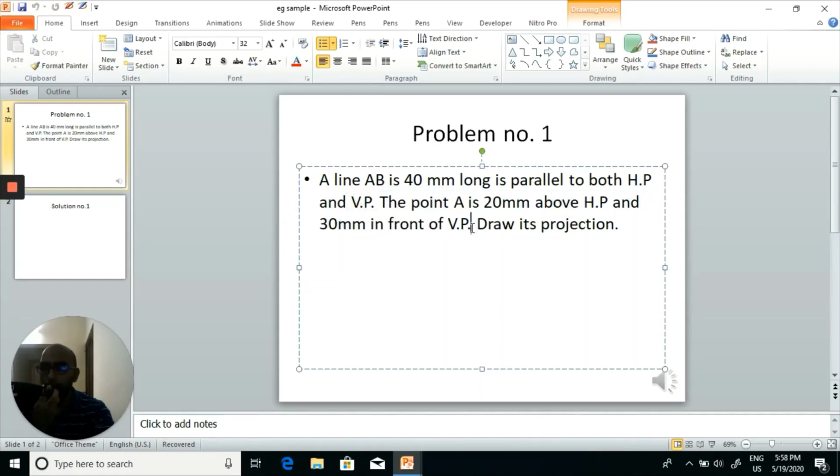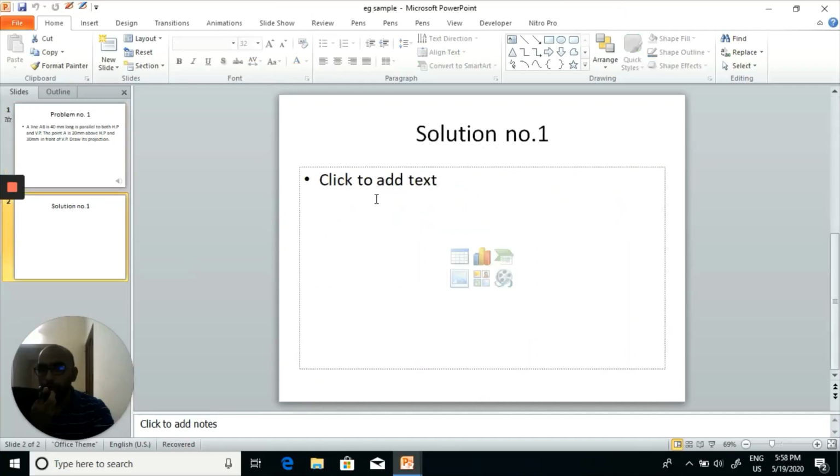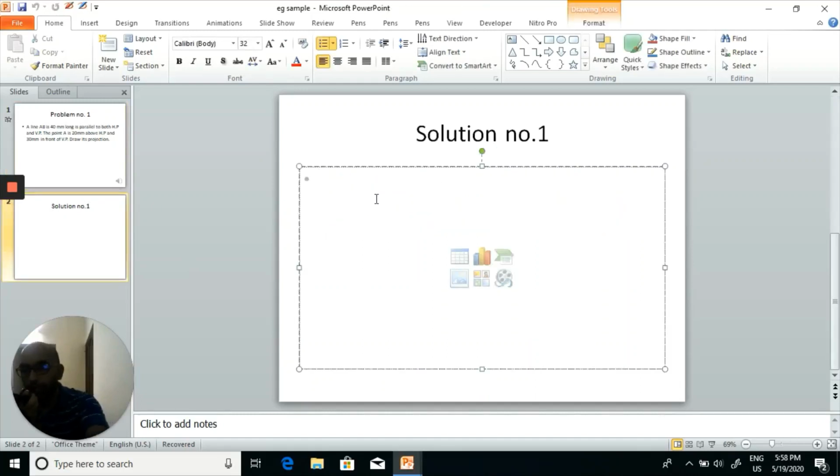You already know projection of points. If point A is 20 mm above HP and 30 mm in front of VP, then definitely it will be lying in the first quadrant.